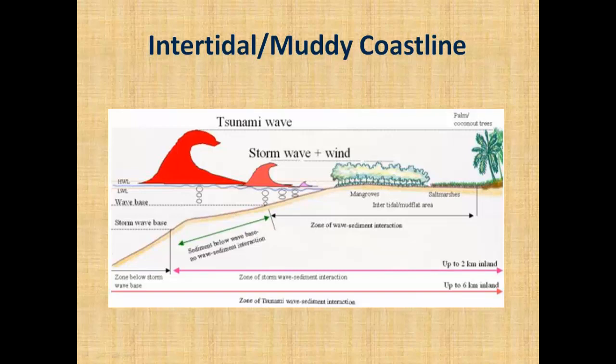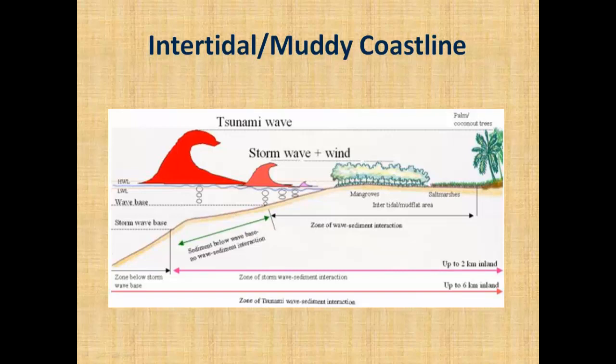River damming, which reduces the sediment supply, and the destruction of the vegetation cover are all major causes of erosion of these types of coastlines, because the damming of the rivers reduces the sediment supply, and the destruction of the vegetation cover exposes the soil, the material, to these waves.